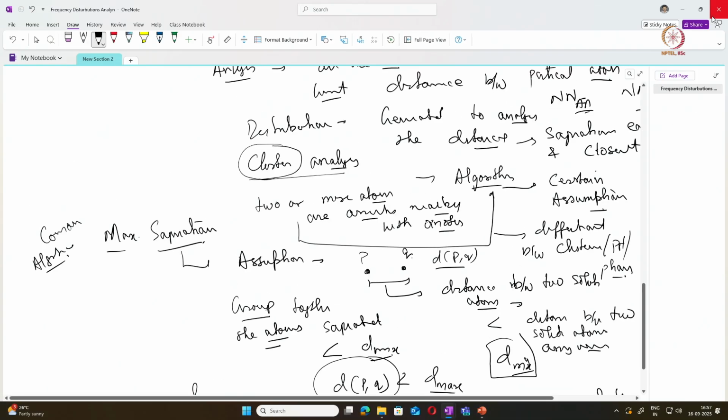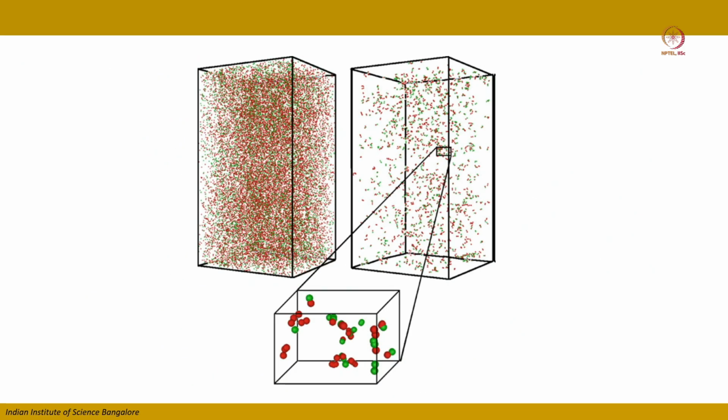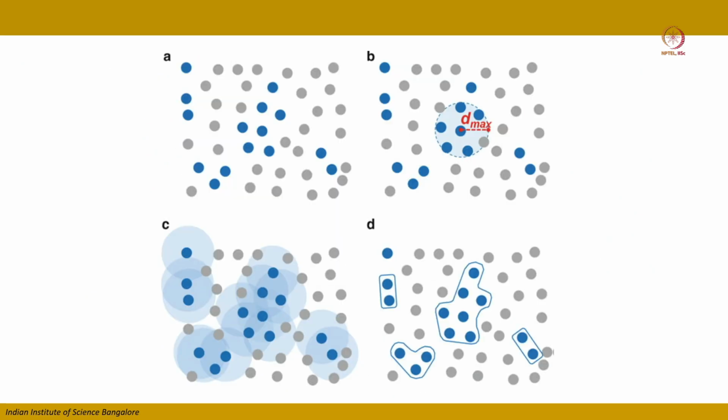Okay, so here I am showing you an example. Here you can see different kinds of atoms, which are gray and blue.